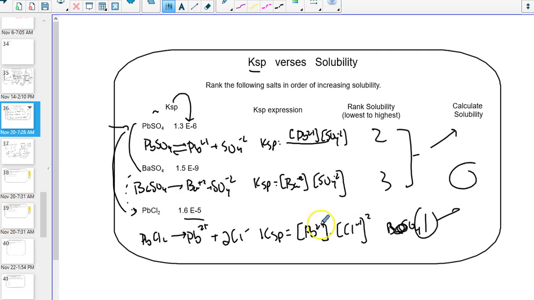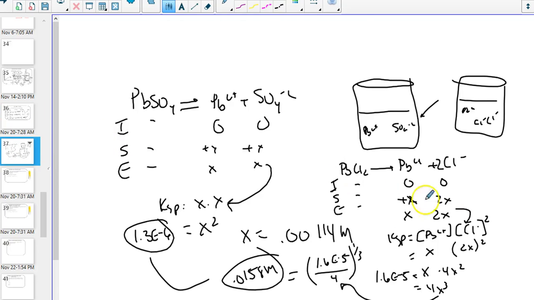Okay, I want to stop the video here. Our first example of just looking at Ksps, how they work. The video's long enough at this point. In our first calculations for how to solve for a molar solubility, keep in mind that when I did my calculation, this x is the molar solubility.